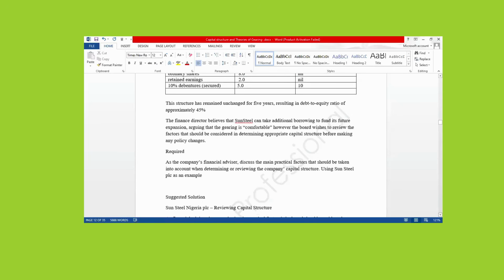As the company's financial advisor. That means you are the company's financial advisor. The students are the advisor now.